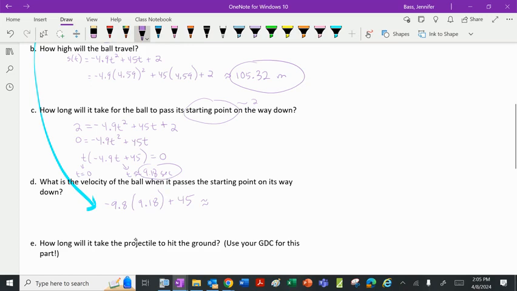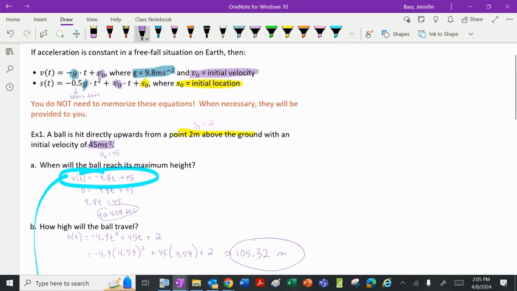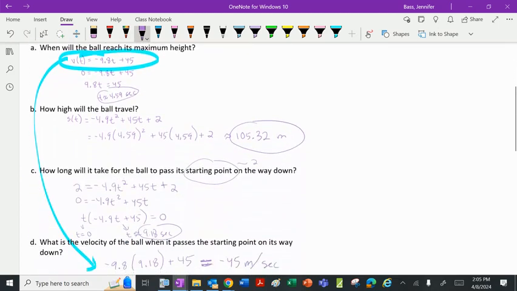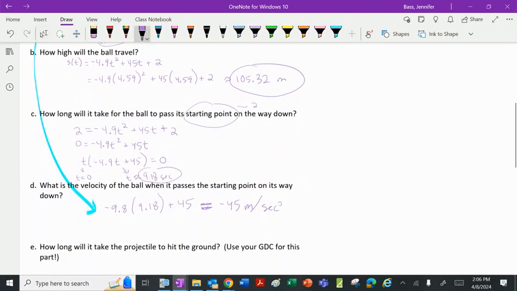And actually it's not approximate if you use the whole answer. So negative 45 meters per second. Sorry, meters per second squared, because it's velocity. Okay, so there's our answer for that part.